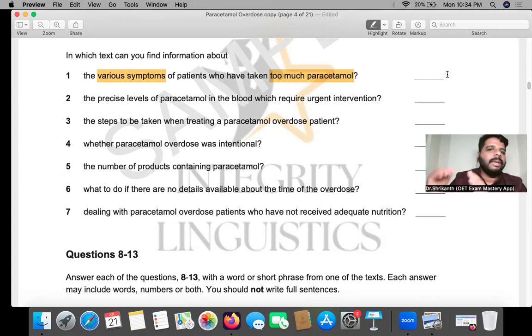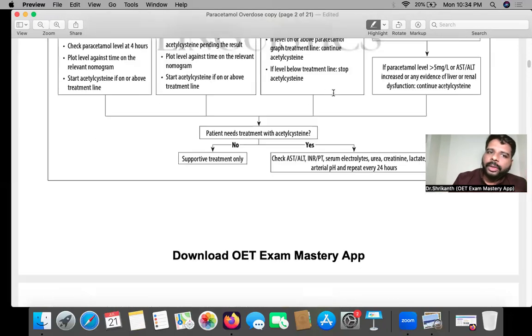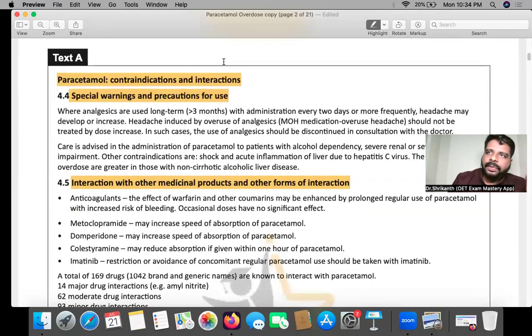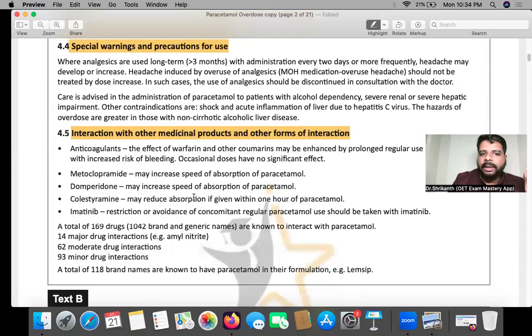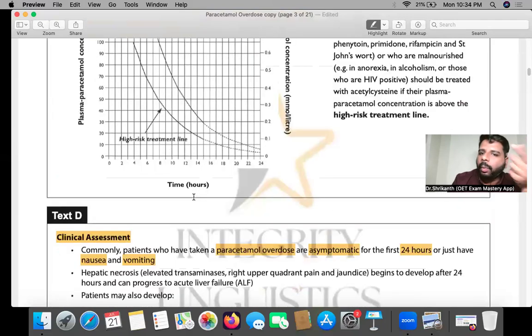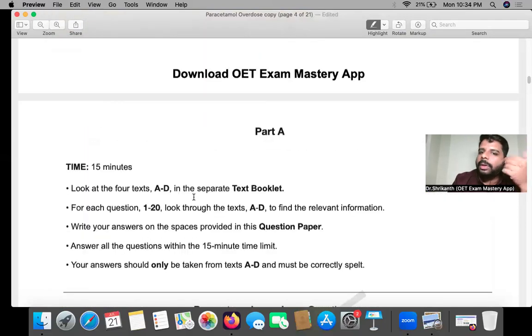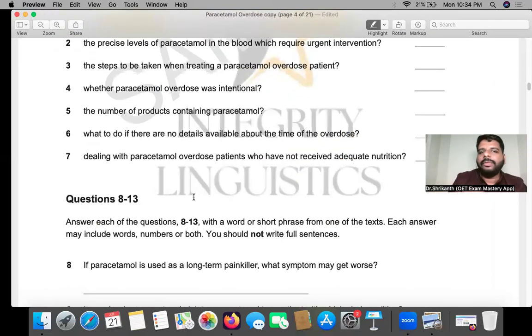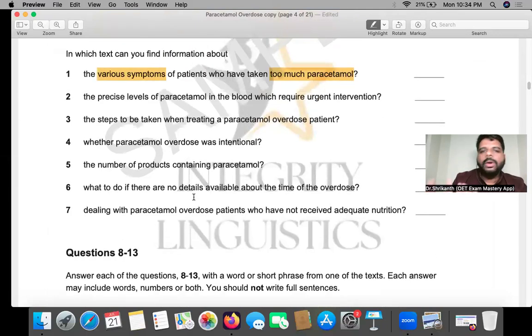The information is coming from text D, you spent just a few seconds there, and you already have the correct answer. Meanwhile, the other students are still reading text A. They have not even started text B, but you already have one correct answer. That is the difference between a smart student who has the right strategies. This is where you need expert guidance, a person who really knows what they're teaching.